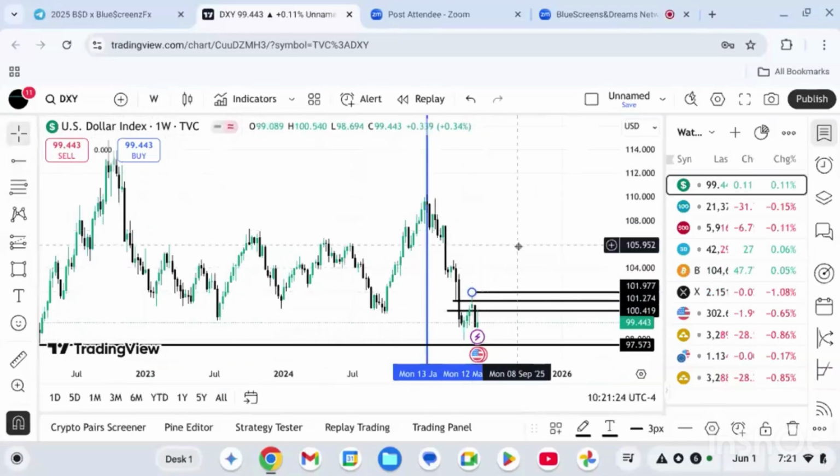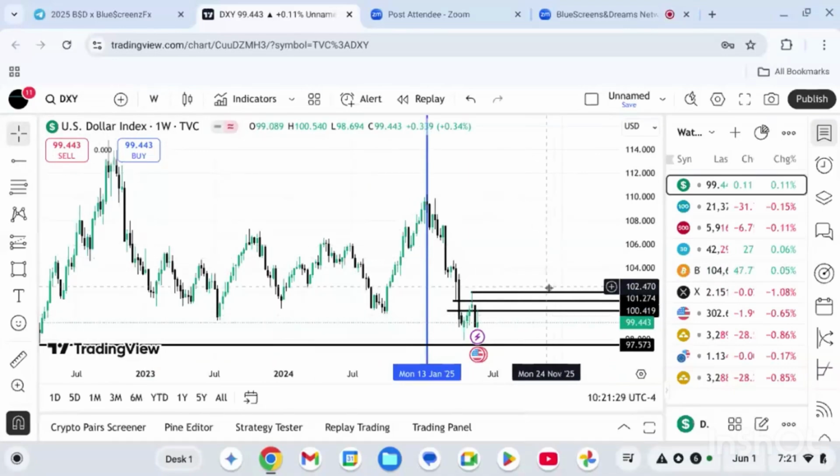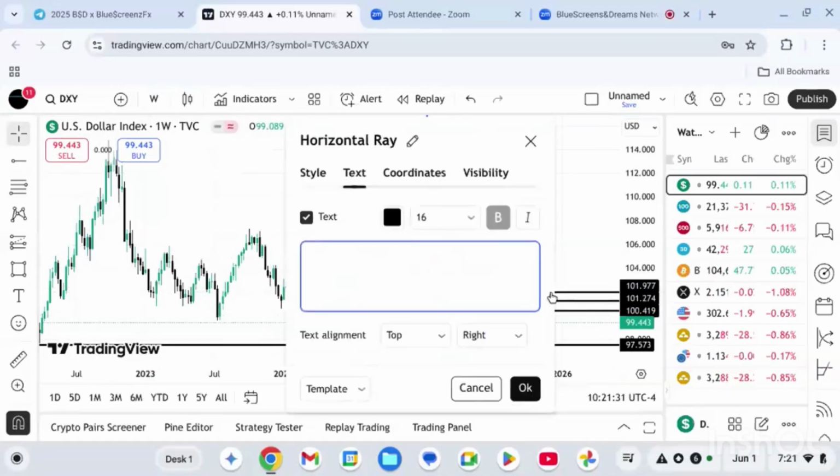We have to see this 101.97 level being traded above and then used as a level of support. So I'm gonna label that 101.97. That's gonna be my old weekly high.